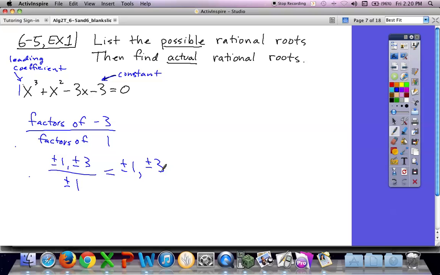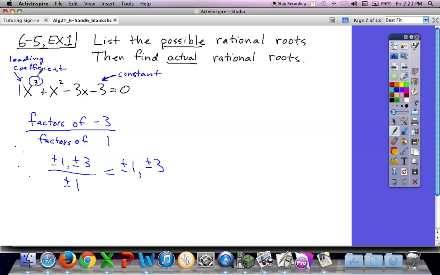How many are in that list? How many numbers are right here? There's 4. It's plus or minus, right? So by the fundamental theorem of algebra, how many zeros might we have? There's only 3, right? So this is not a list saying these are all rational zeros. It's saying that if there are any rational zeros, they must be in that list.